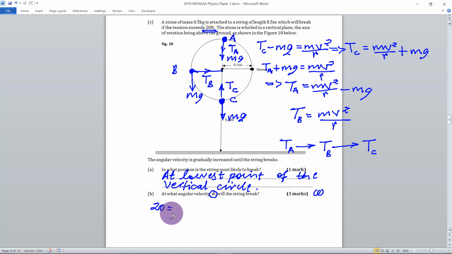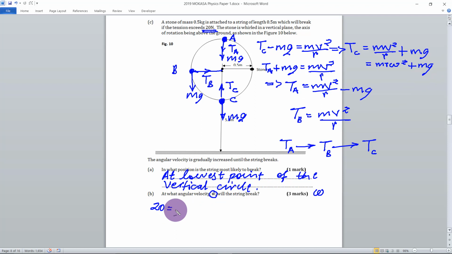So 20 is equal to, we can continue to rewrite this, centripetal acceleration is given by r omega squared, of course, plus mg.